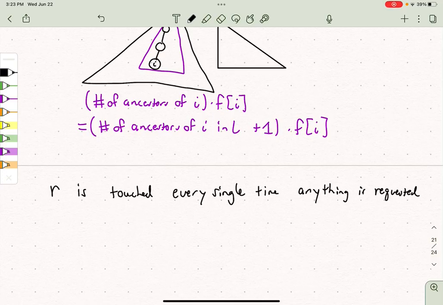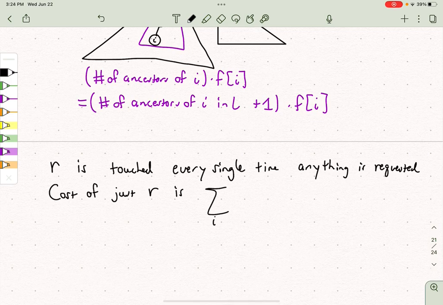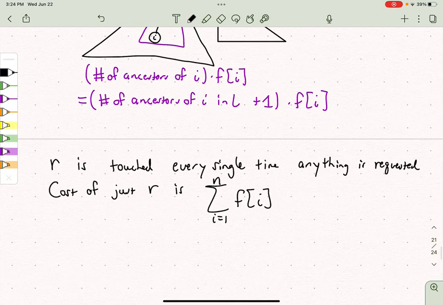So in total, the cost for just R is going to be the sum over all keys of their frequencies. That's taking this plus 1 term and distributing it over every single key.